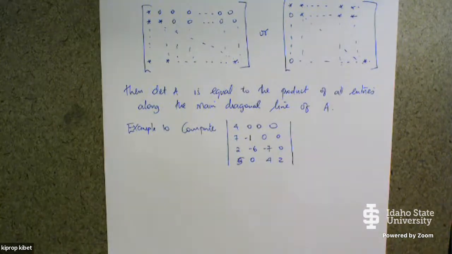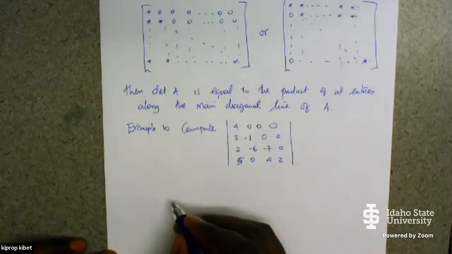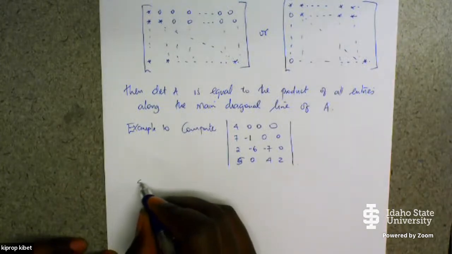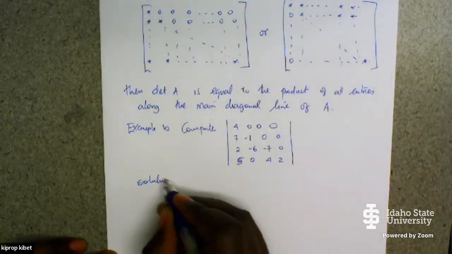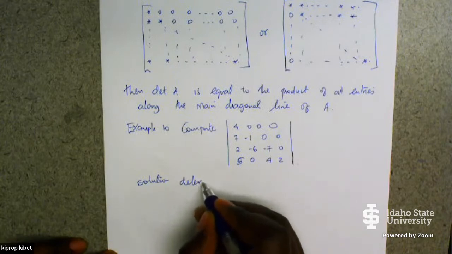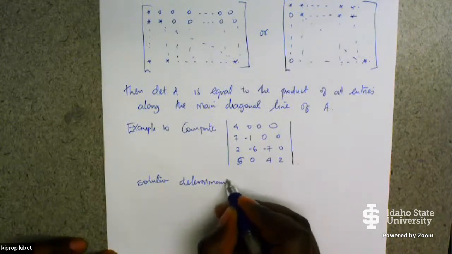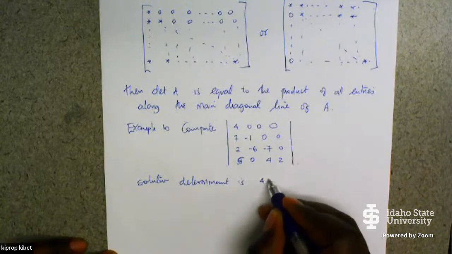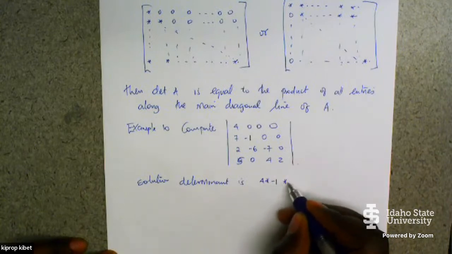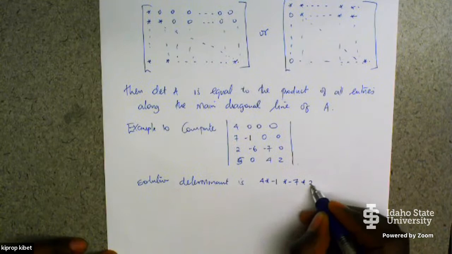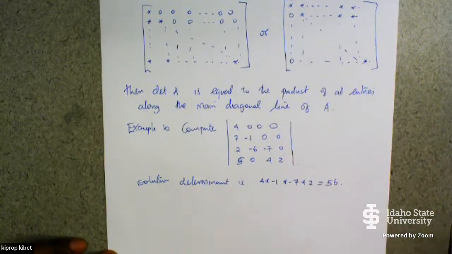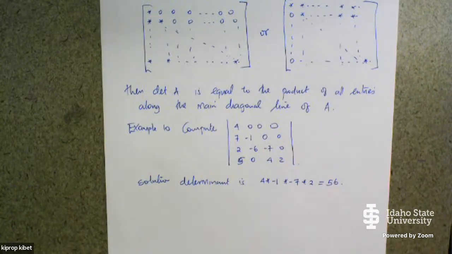So what you do here, the determinant is 4 multiplied by -1 multiplied by -7 multiplied by 2, which gives 56. So you just multiply the diagonal entries.